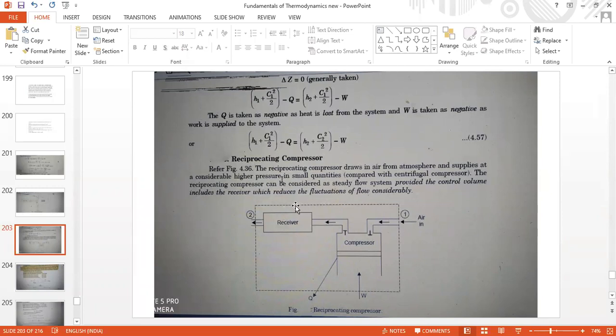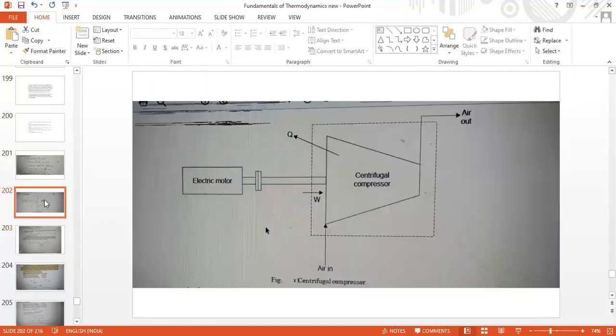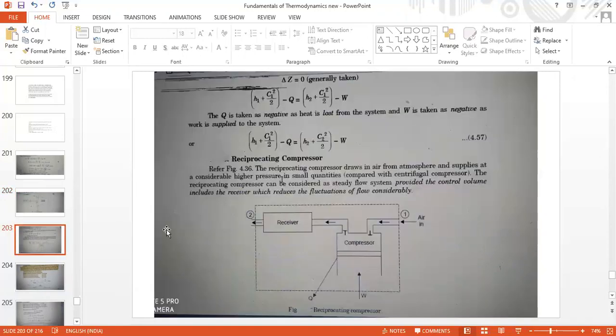The difference between the centrifugal compressor and the reciprocating compressor is that a centrifugal compressor has a rotor which rotates, whereas a reciprocating compressor has a cylinder and piston, and reciprocation of the piston inside the cylinder takes place. A reciprocating compressor will supply small quantities of air, whereas a rotary or centrifugal compressor will supply larger quantities of compressed air.